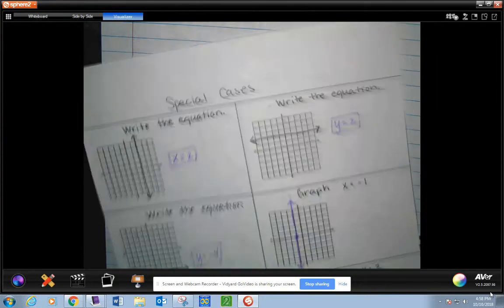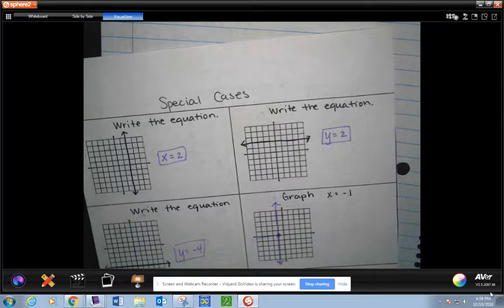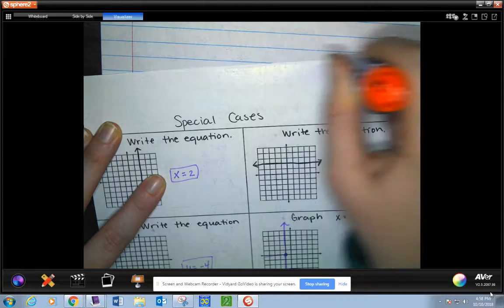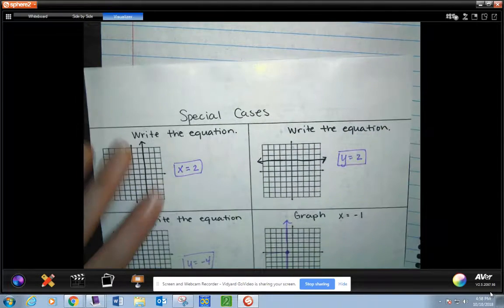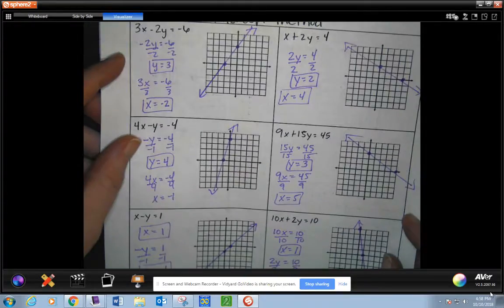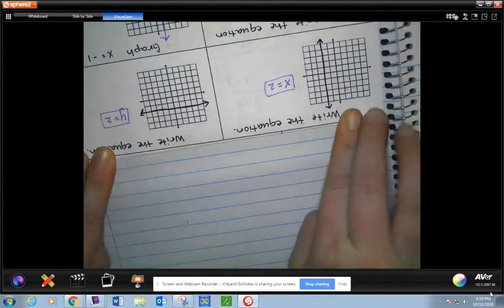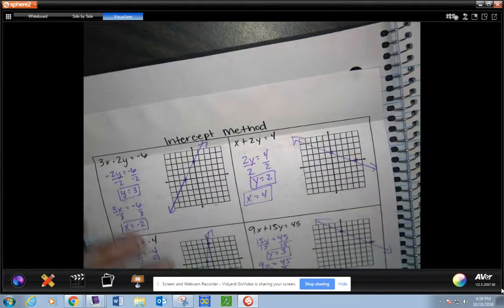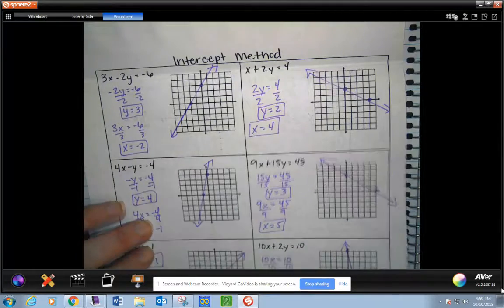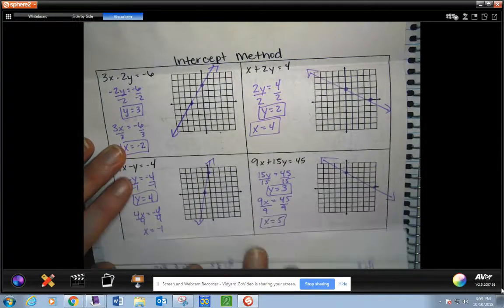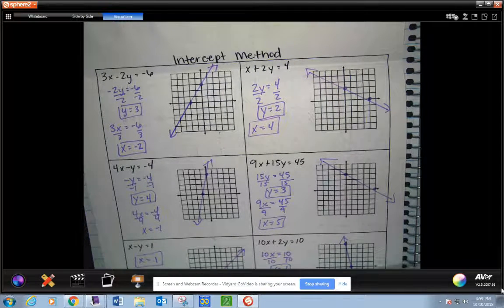I'm going to actually go to the back of this page, and I'm going to put just a thin strip of glue up here at the top of the special case side. And then I'm just going to glue it right on the back to where I can fold this and still see my special case side. So it makes it a foldable. Obviously, yours might stick out past the line, so if you just need a fold to hold it in place, you can just fold. Okay. If you have any questions, please let me know.